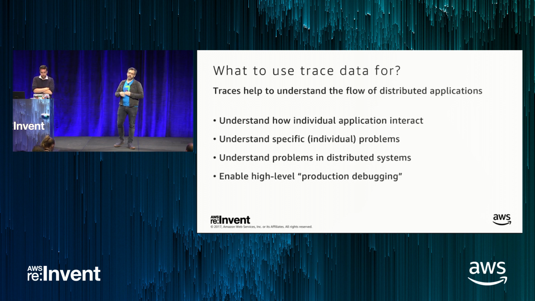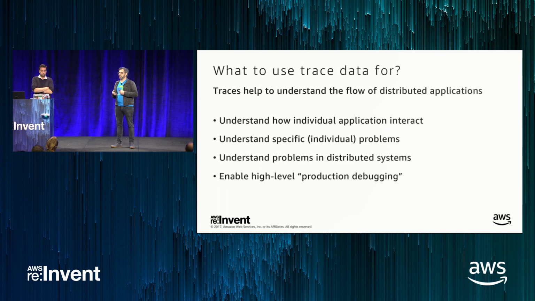And by doing so, you find out how an individual application can interact, and also you may better understand specific problems, because if there is some slow API, some slow endpoint, a trace can tell you exactly where this is. With metrics alone, you just know something is slower, users are frustrated, but no idea where this is coming from. So tracing also gives you timing information on the edges between two nodes.